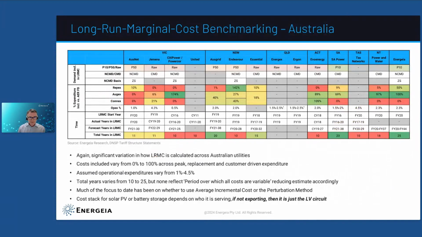In terms of how long run marginal cost has been defined, again, in Australia, all kinds of variation. I think this is probably the case in the US as well. How much of replacement expenditure versus augmentation versus connection is included in LRMC varies wildly.